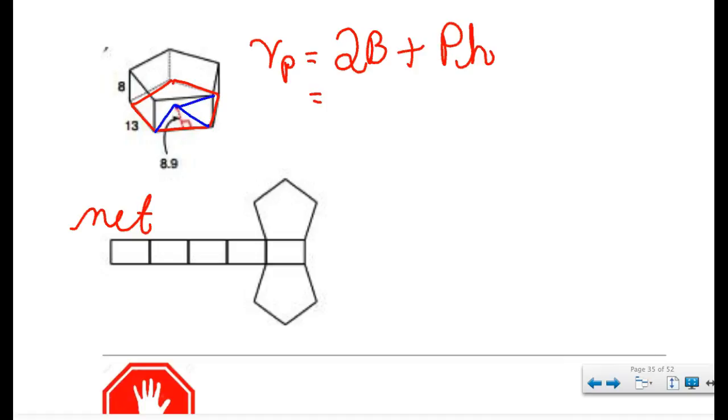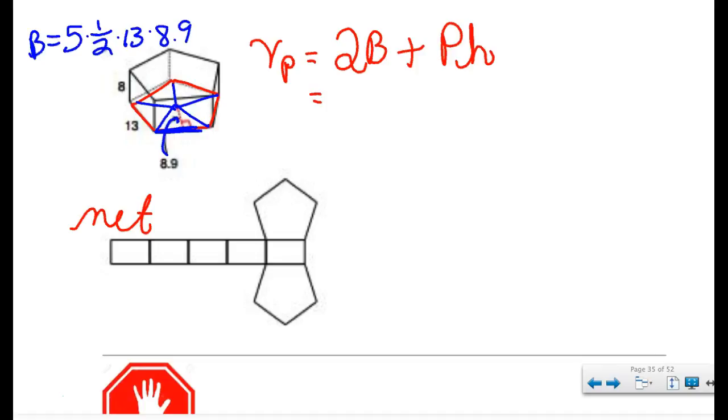Remember, it's all about chopping these into triangles. There's 5 of them. So the area of that base is going to be 5 triangles. Each triangle is 1/2 of its base, so 1/2 of 13 times its height, which is, this is pointing in there at the height, which is 8.9.